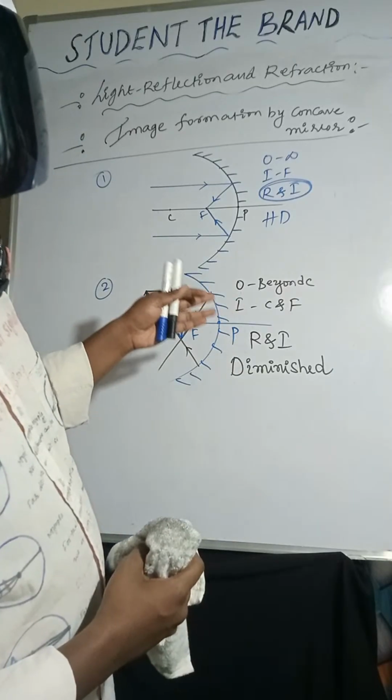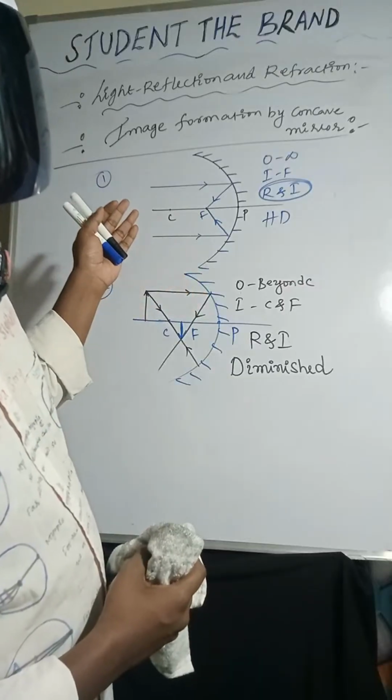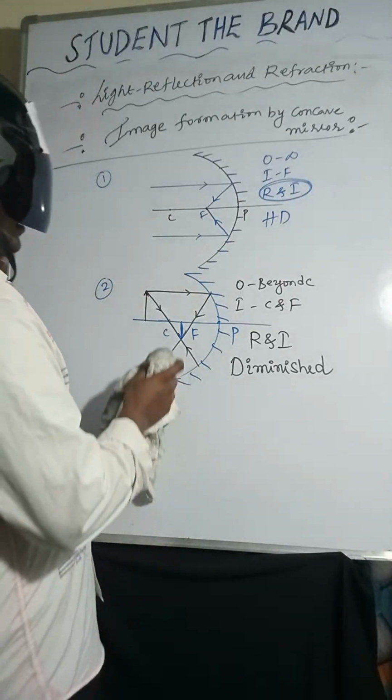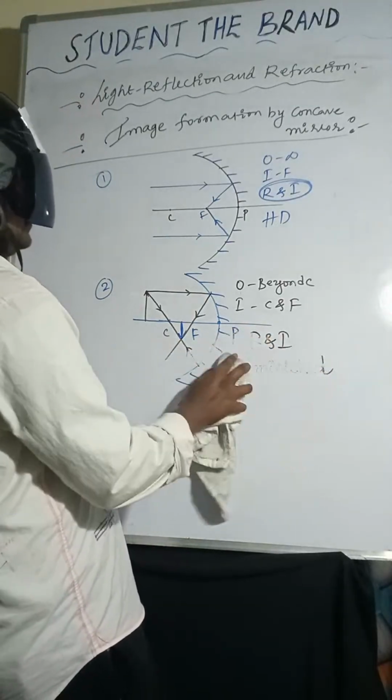Object is placed at C, image also will form at C. Yes, correct.